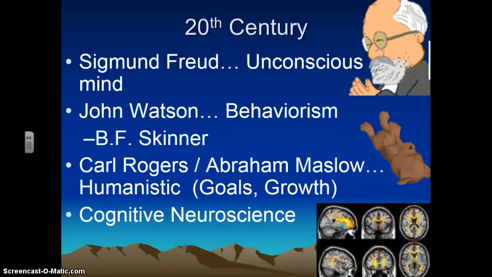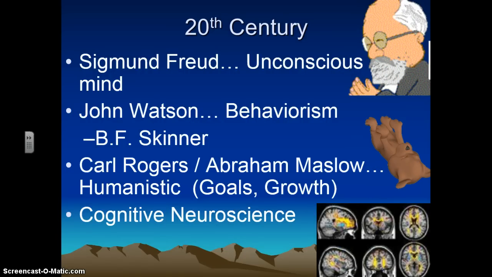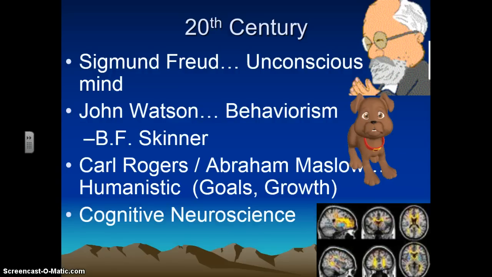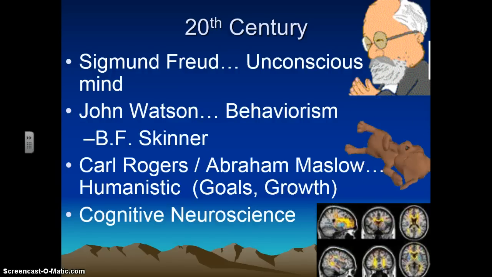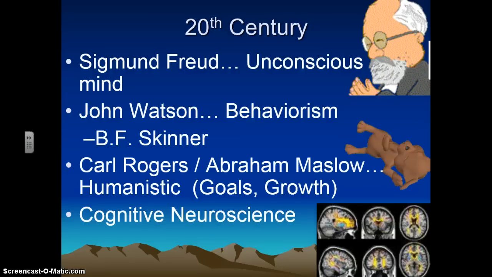We see neuroscience, the science or the study of neurology. In other words, what's going on in our body, what's going on in our brain. So this is looking at how changes in the brain can affect our thinking, which therefore affects our behavior.